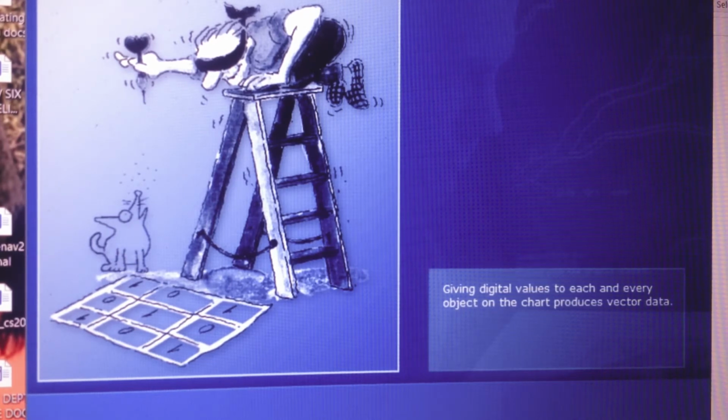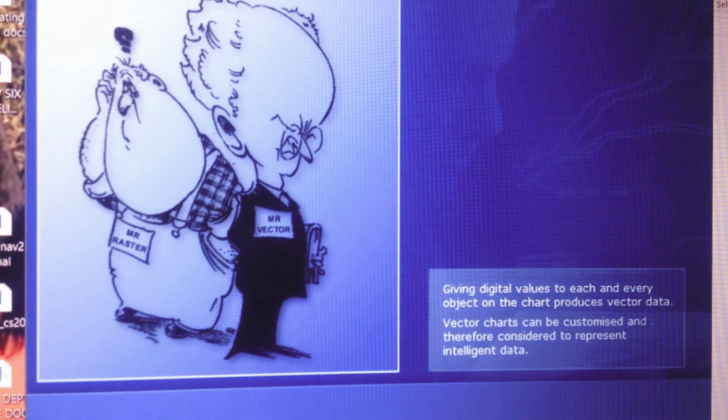It is therefore possible to interrogate a vector chart in order to obtain information about charted objects and to enable alarms to be raised when potentially unsafe situations occur. Vector charts can be customized and are therefore considered to represent intelligent data.